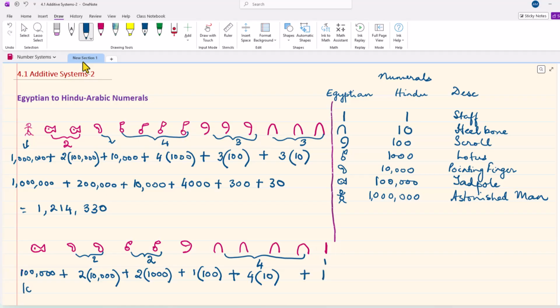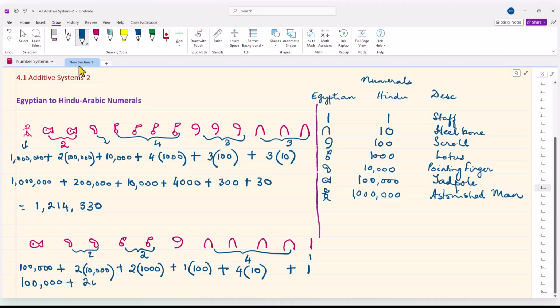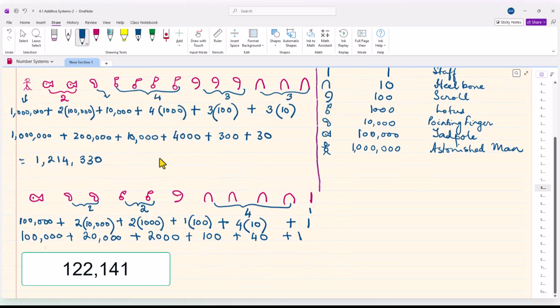So it's 100,000 plus 20,000 plus 2,000 plus 100 plus 40 plus 1, and that gives us a value of 122,141, and that's the final answer.